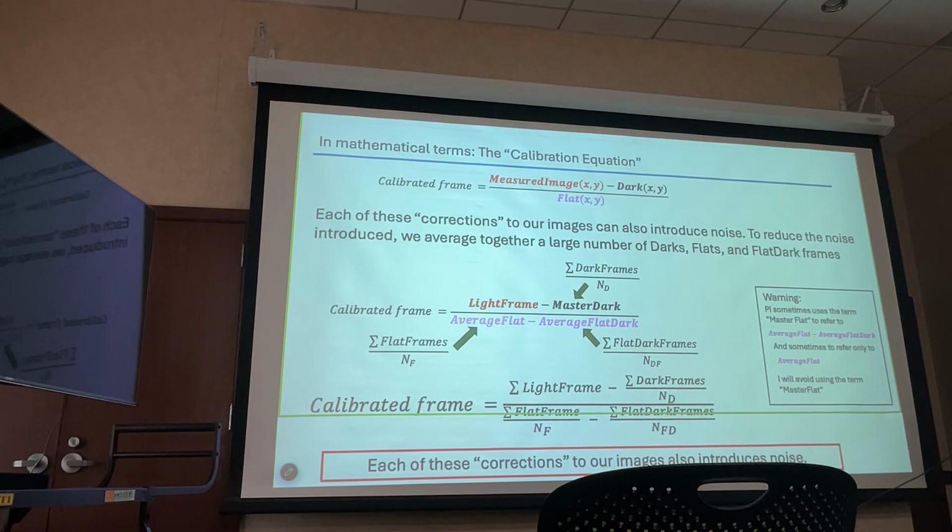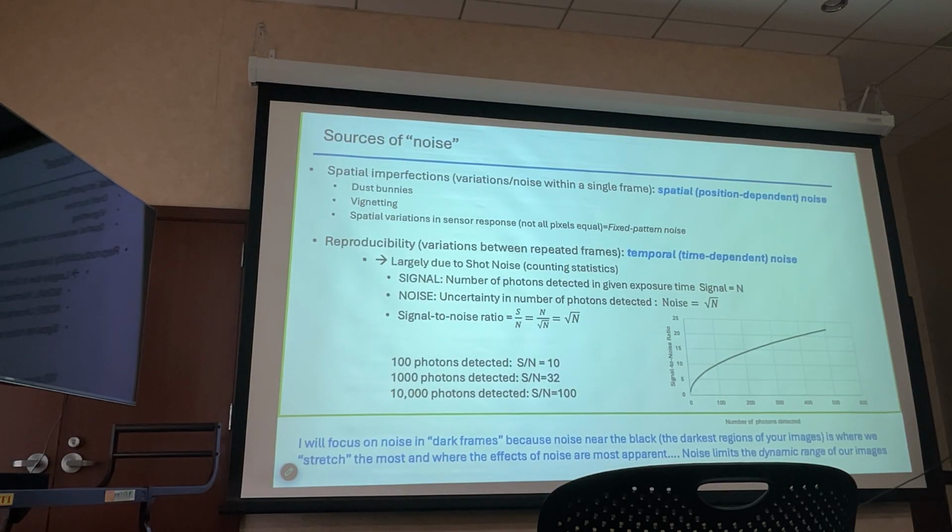A dark frame measured for a certain length of time contains contributions from the so-called bias, that average offset, and possibly additional thermal contributions if you have a long exposure. I'll show you a graph of that in a minute and explain specifically what a bias frame is, so that question will be answered.